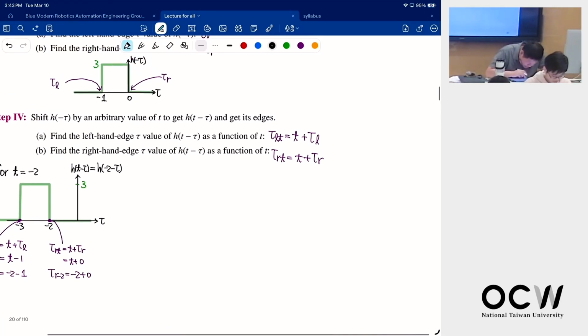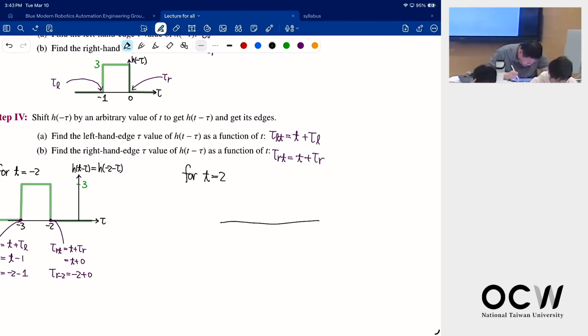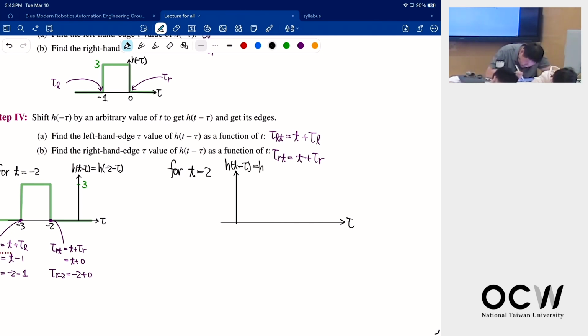So for t equals 2, then I shift to the right. Here I have tau, it's h of t minus tau, that is 2 minus tau.